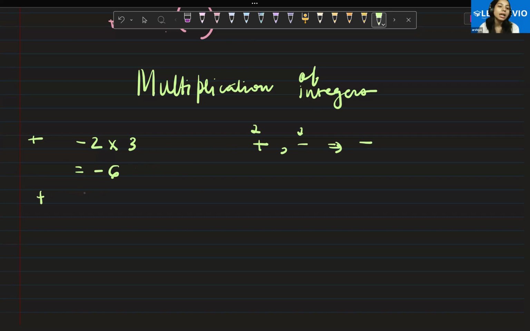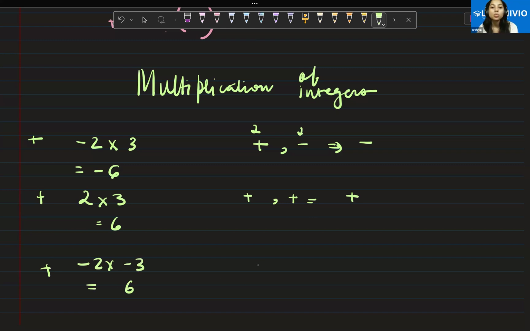Now let's say I have 2 into 3. Both of them are positive, so the answer will be just 6, because two positive integers give a positive answer. Now let's say both of them are negative. The answer will be 6. Why? Because negative and negative is also positive.